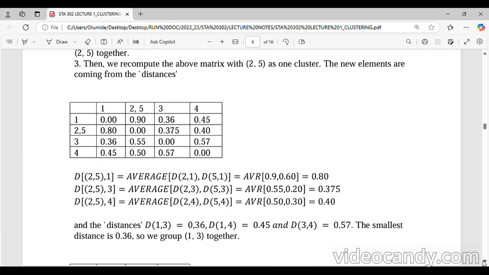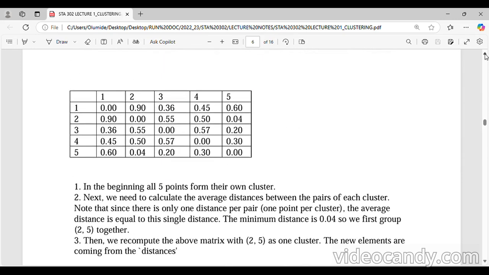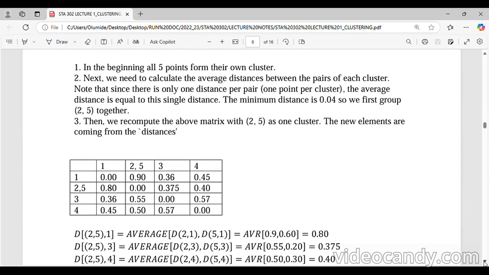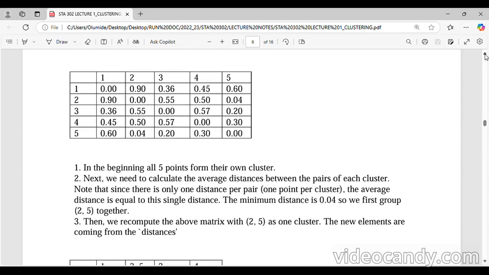Now 1 to 1 is obviously 0. For 1 and the cluster of 2 and 5, we separate it: the average of the distance between 2 and 1, and the distance between 5 and 1. From the table, the distance between 1 and 2 is 0.9, and 5 and 1 is 0.60.